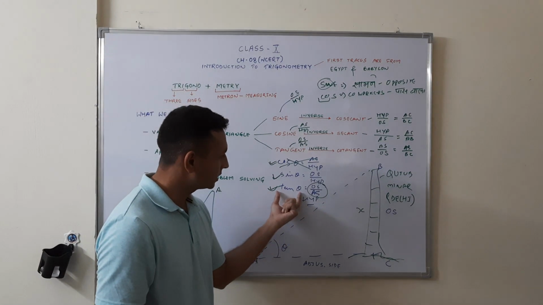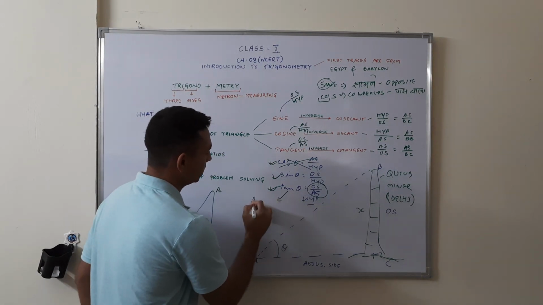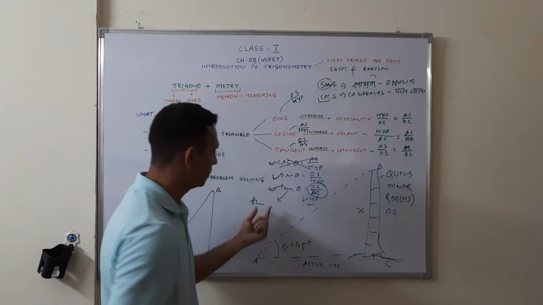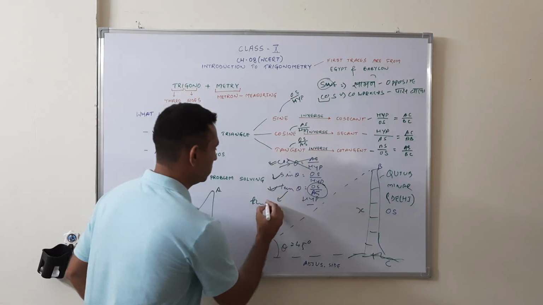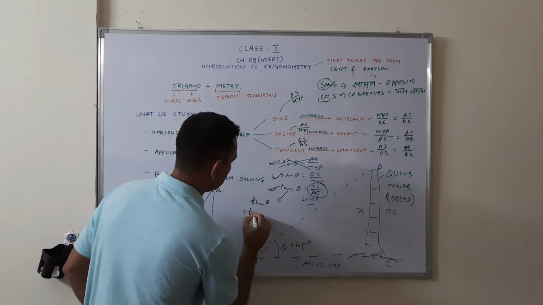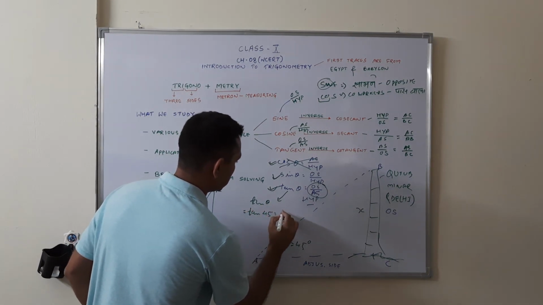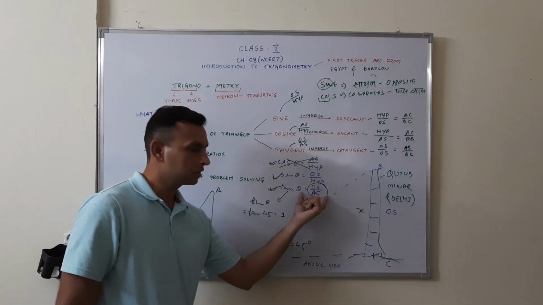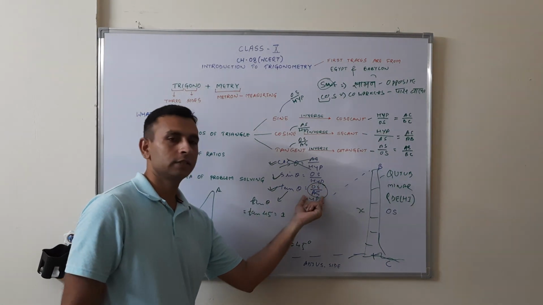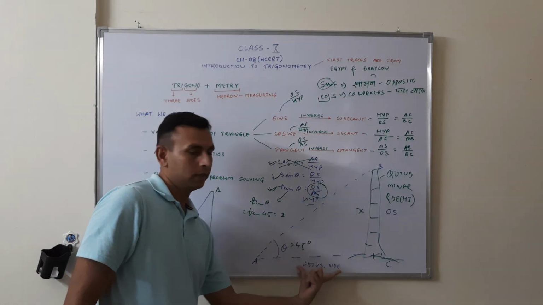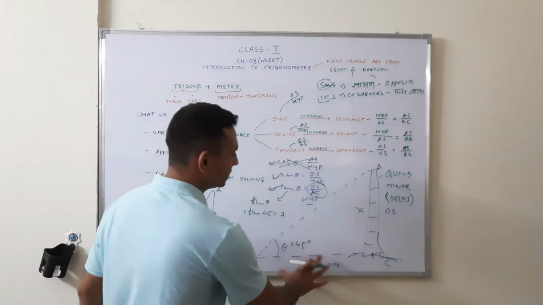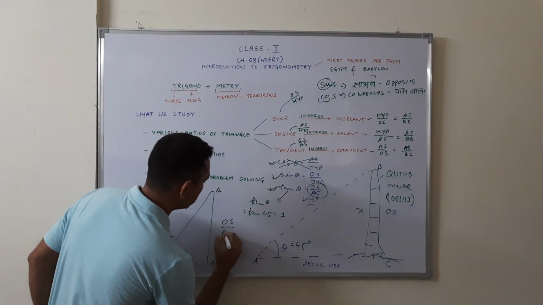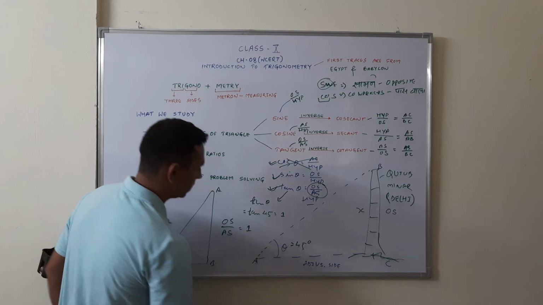So when I have this angle, suppose if this angle is 45 degree, the value of tan theta, tan 45 is nothing but 1. This value will be 1. So this ratio opposite side upon adjacent side will be 1. So when this ratio is 1, it means opposite side upon adjacent side is 1.